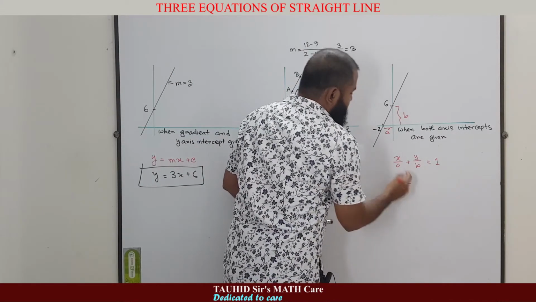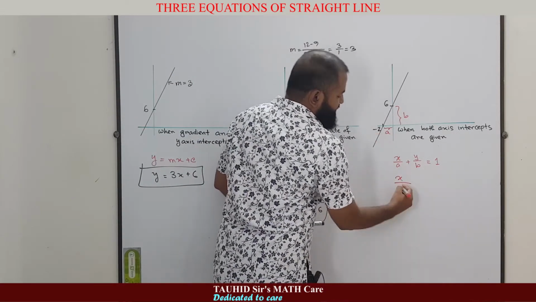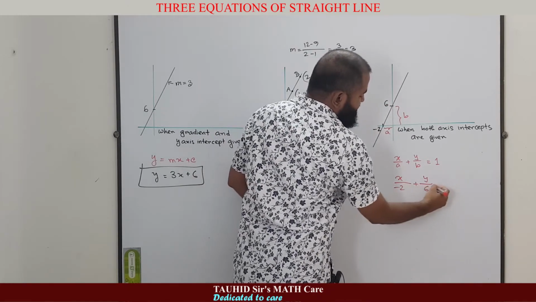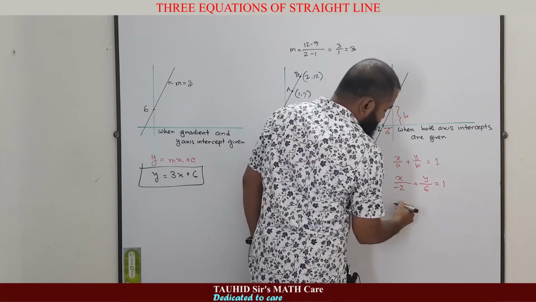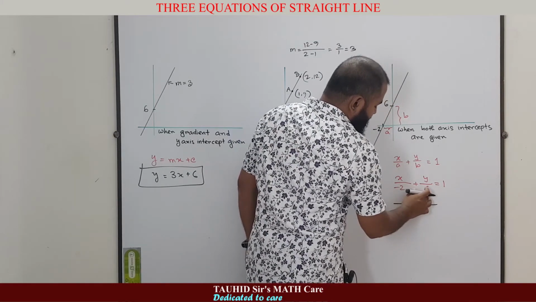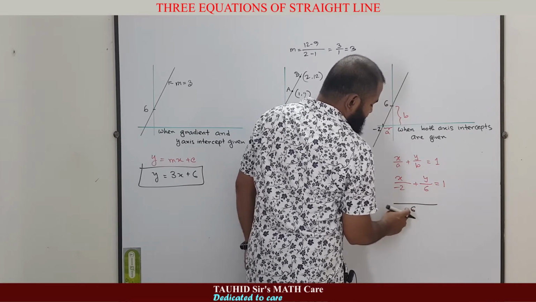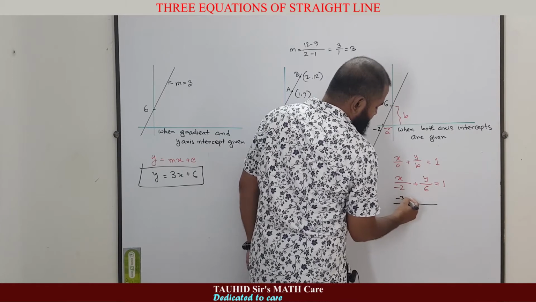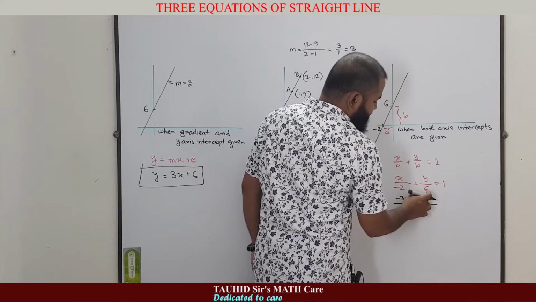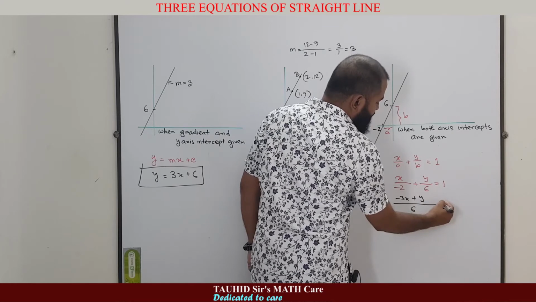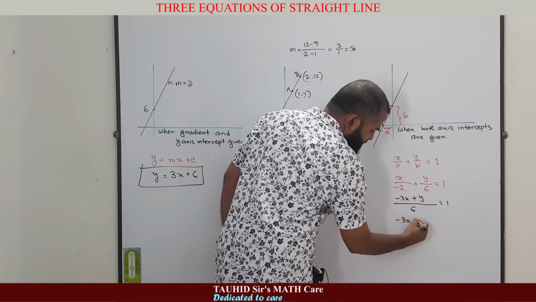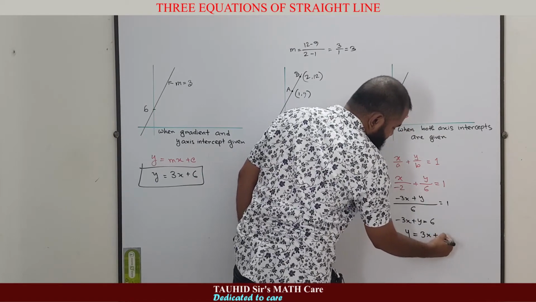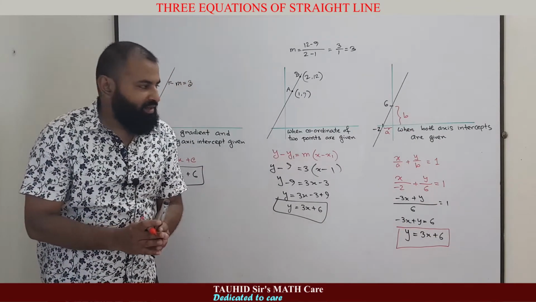So x divided by a, that means x-axis intercept is minus 2, plus y divided by b, y-axis intercept is 6, equals to 1. So we need to add them. 2 and 6, their LCM is 6. 6 divided by minus 2 is minus 3 multiplied by x, minus 3x, plus 6 by 6 is 1, 1 into y equals to 1. That means minus 3x plus y equal to 6, y equal to 3x plus 6. We got the same answer again.